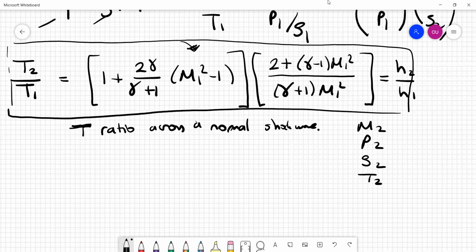You can directly see your temperature ratio, pressure ratio, density ratio, and several others. But you can do it yourselves also, MATLAB, Excel, Python, whatever, just plug in these equations.